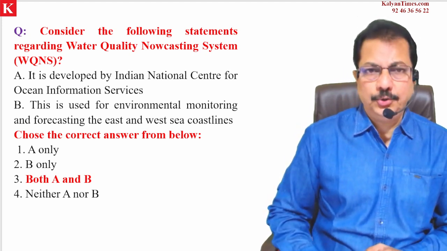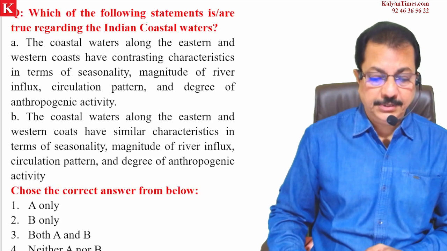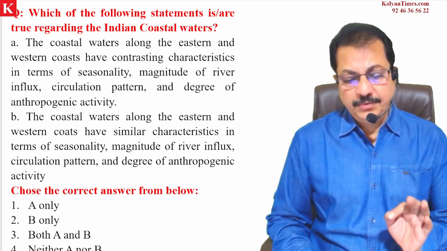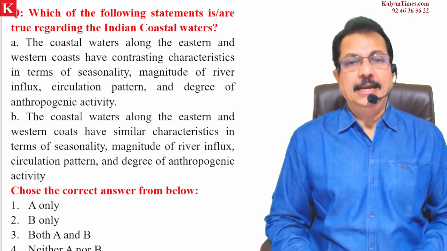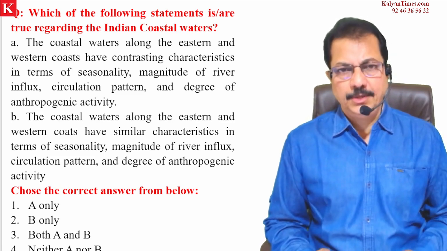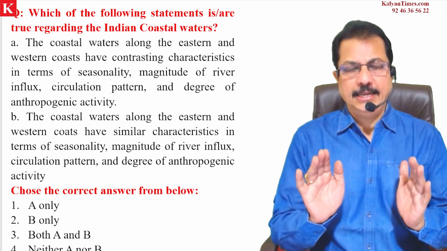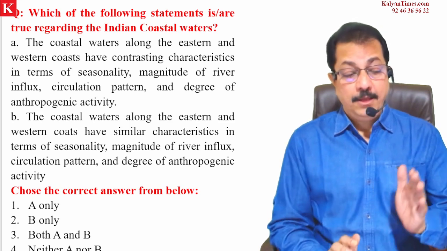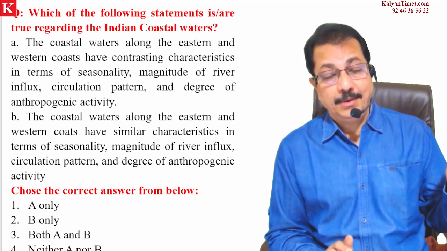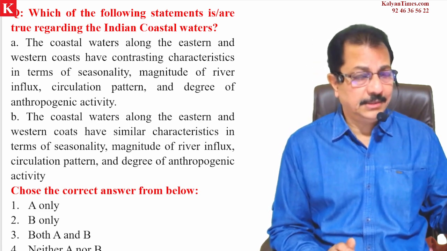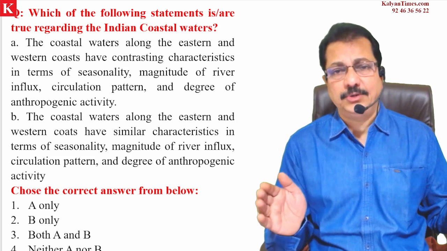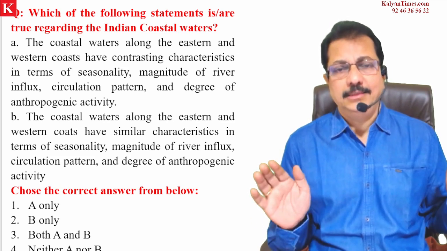And I would like to show you another question. Look at this. Which of the following statements is true regarding the Indian coastal waters? So the question is related to the Indian coastal waters. Clear? Whether the water quality and other characteristics towards west and east are same or they are different.